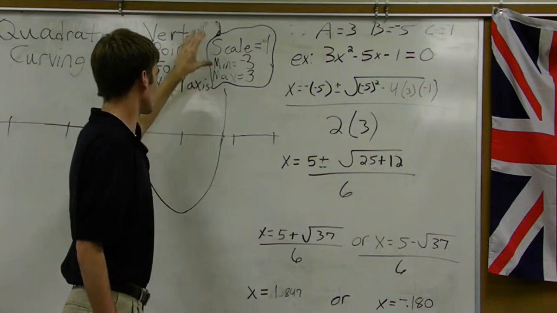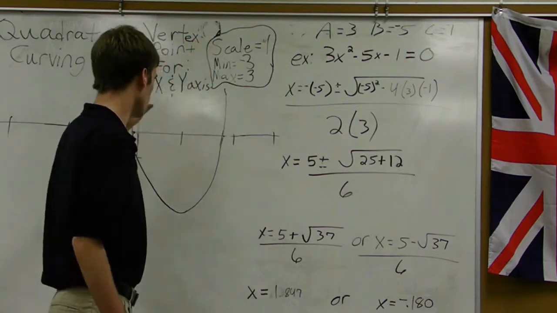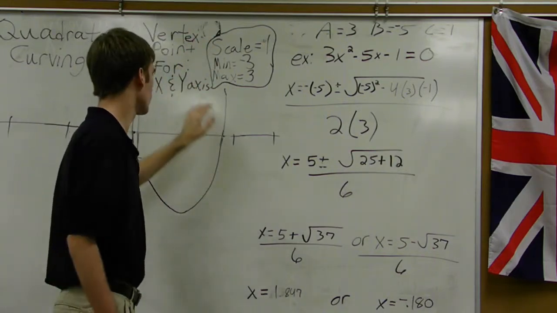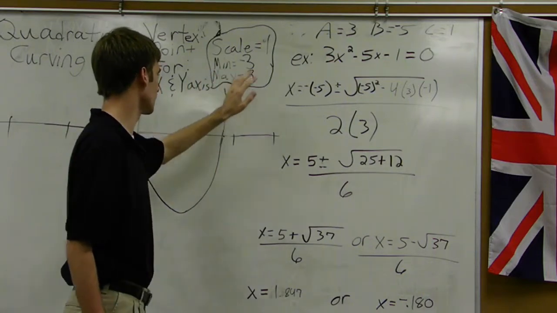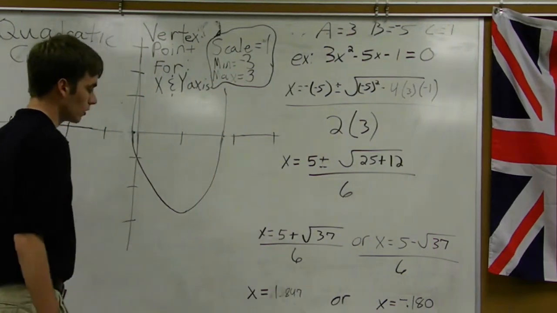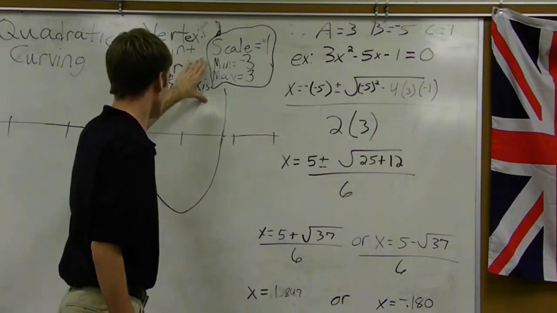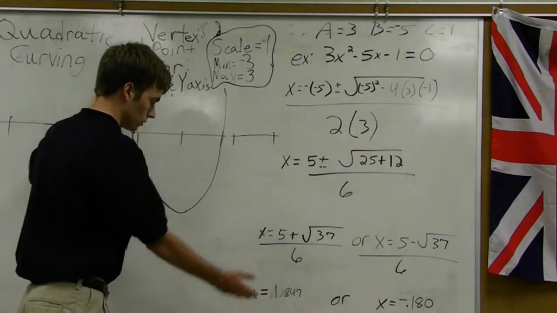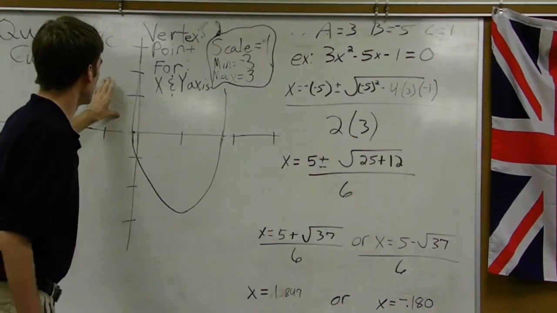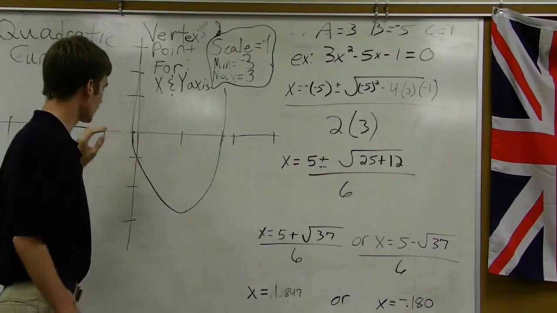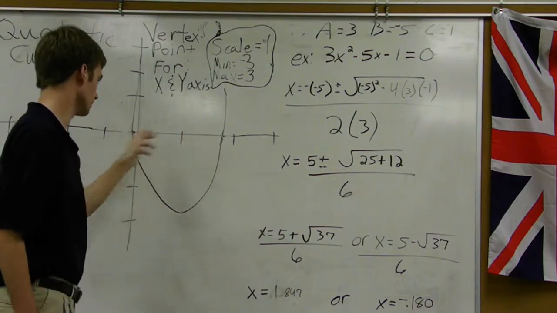For my scale, I put 1 because I'm counting by ones. For my minimum, I put -3 because that is all I need in order to graph these. For my max, I need 3 as well because, again, that's all I need. You're going to graph them on the board.